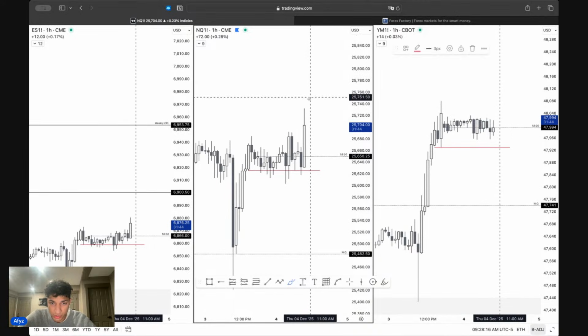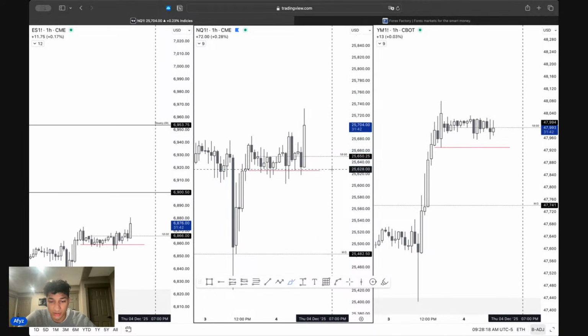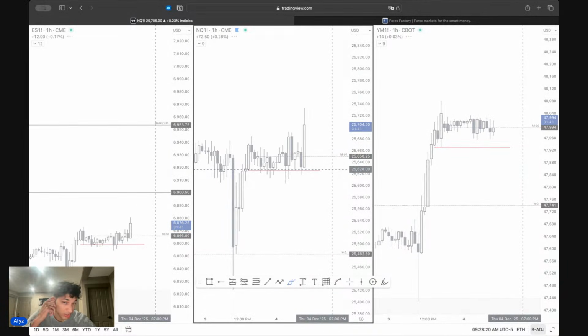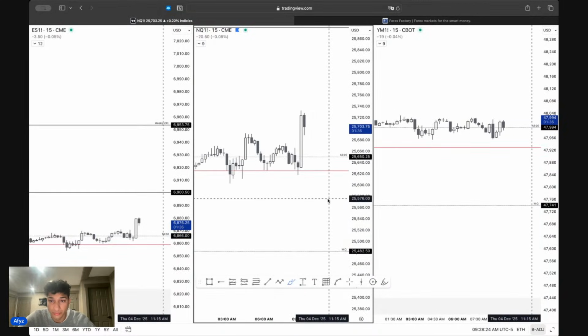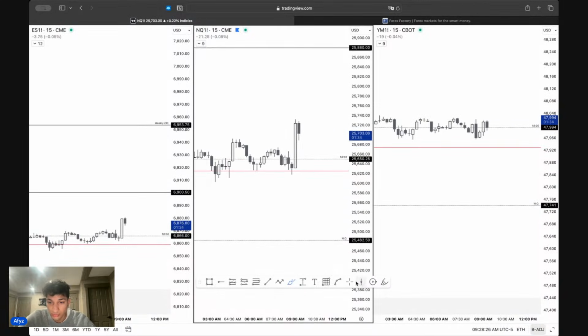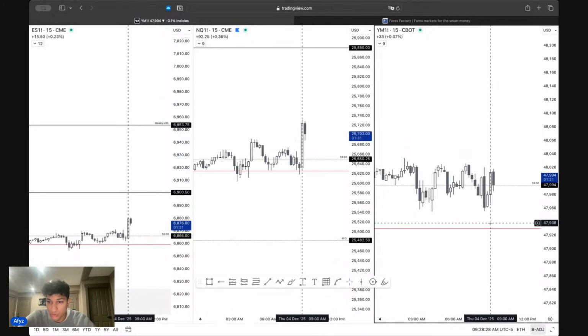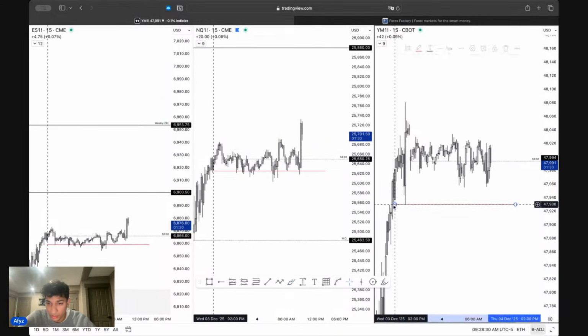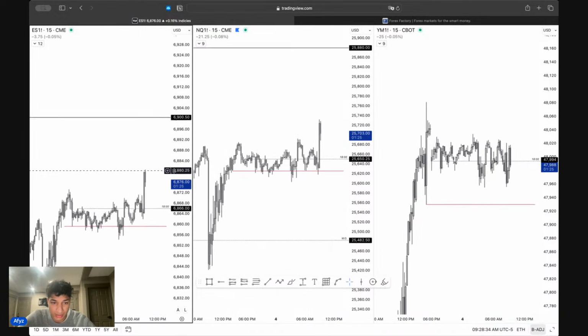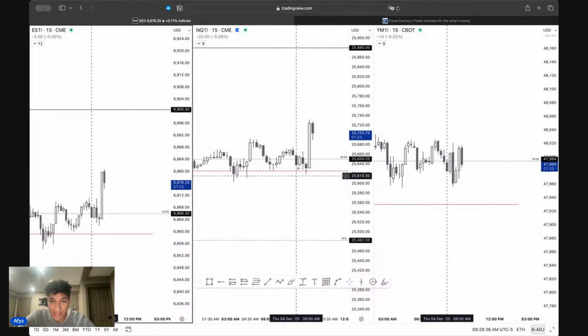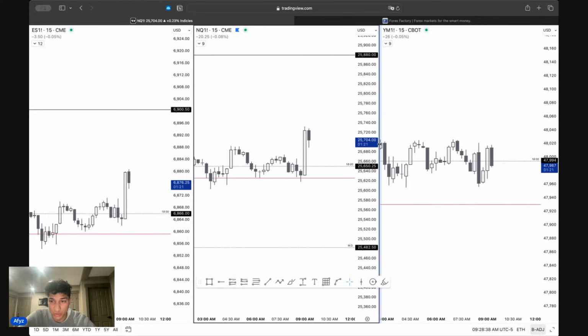So there's going to be some sort of gap in here as a continuation on the 30-minute or the 50-minute chart, which I want to trade. It's going to be the 50-minute for the open, right? So as YM manipulates this 4-hour low, I'm going to see if NASDAQ can print a gap, or the S&P can print a gap inside of here, and we can trade away from that gap.